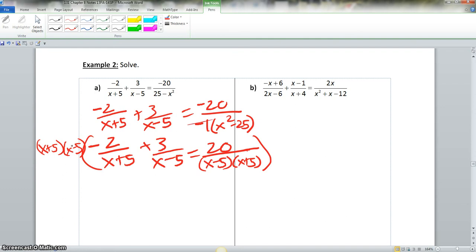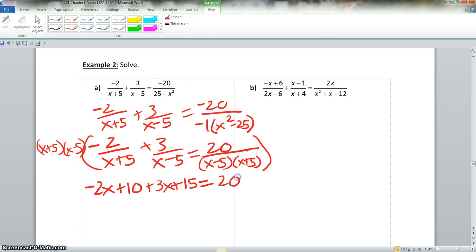If you notice here, these x plus 5s will simplify out. So we had x minus 5 times a negative 2, which will give us a negative 2x plus 10. Now these x minus 5s will simplify out, and we'll take positive 3 times x plus 5, which will be positive 3x plus 15.